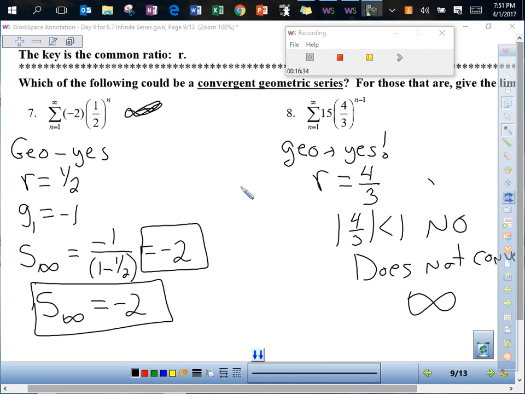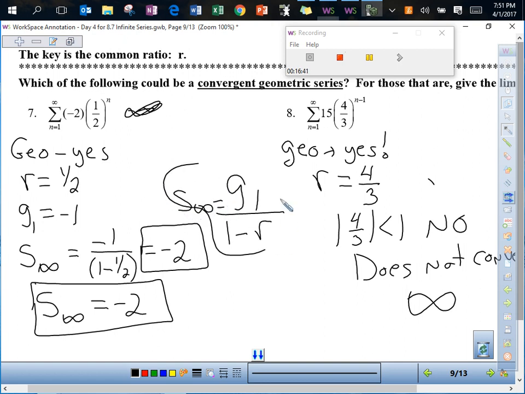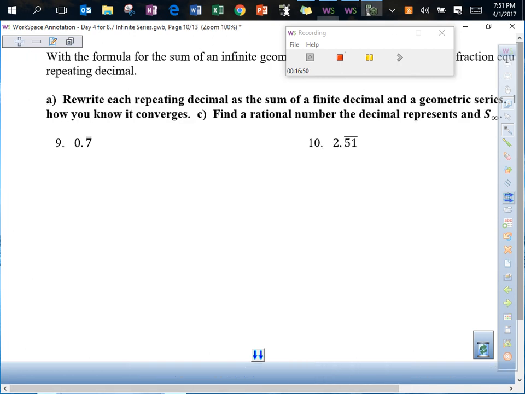So the first part of our lesson just based on that formula right there. I'm going to continue to use that formula, but just in a little bit different way. So hang with me on a few more here. It says, rewrite each of the repeating decimals as a sum of a finite decimal in a geometric series, and then decide if it converges or not. And then we're going to turn 0.7 repeating into a fraction.